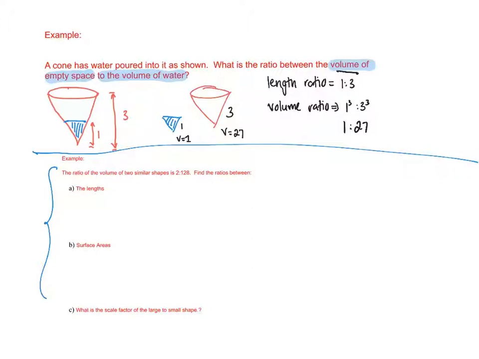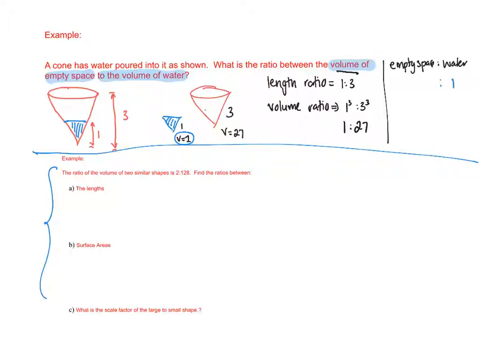If it was a 1 centimetre cube, this guy would be 27 centimetres cube. But they want the ratio of empty space to water volume, so they want that one first. If you have a look here, I do have the water volume, and I'm going to say that's 1.